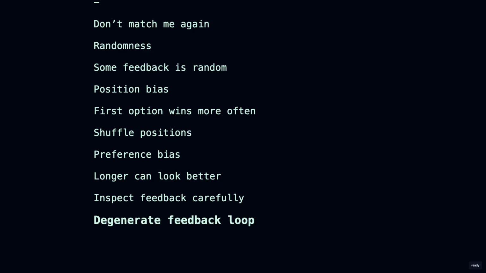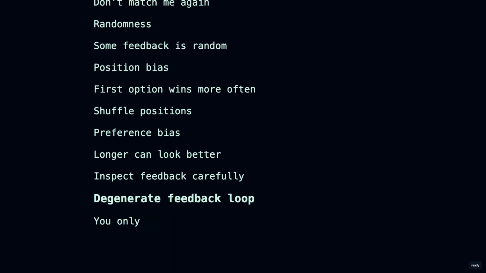The next limitation is more serious. Feedback can change the system in ways that reinforce its own mistakes. That is where degenerate feedback loops come in. Remember that feedback is always incomplete.